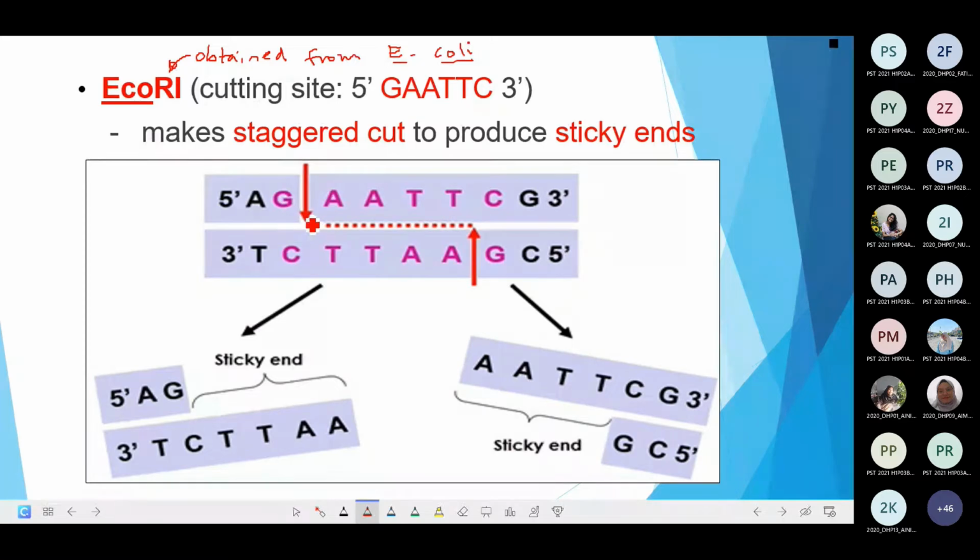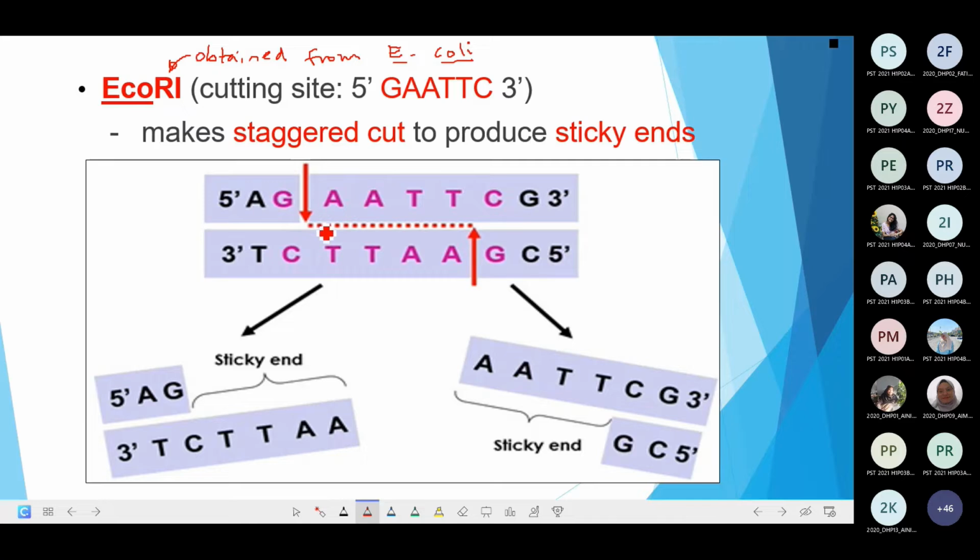We can see in this diagram, this will be the palindrome GAA-TTC that will be recognized by the EcoR1, and the EcoR1 will cut between the first base and the second base, between the G and the A. The cut somewhere over here, macam ni.